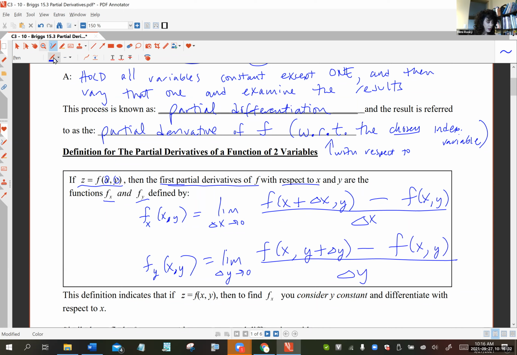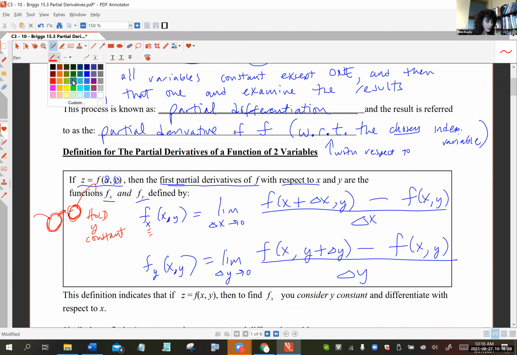Now, when you're taking the first partial of f with respect to x, you're going to put on a special set of glasses. I'll put a pair of glasses here. You put on a special set of glasses where, when you look through them, it looks like y is constant. You treat y as a constant when you're taking the derivative of f with respect to x.